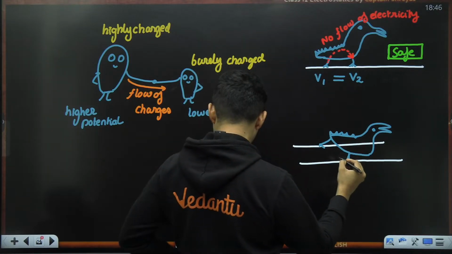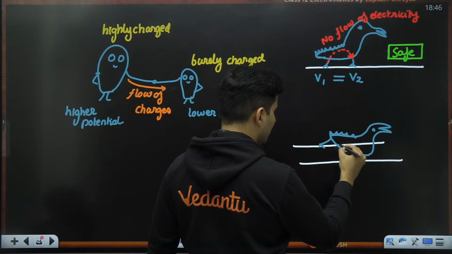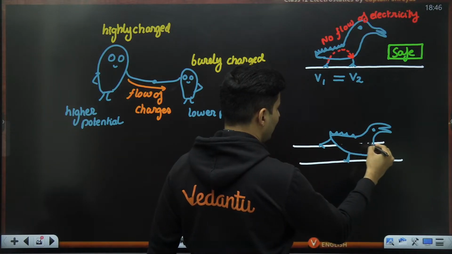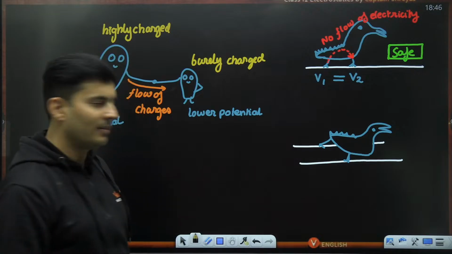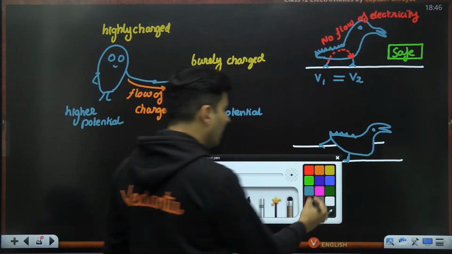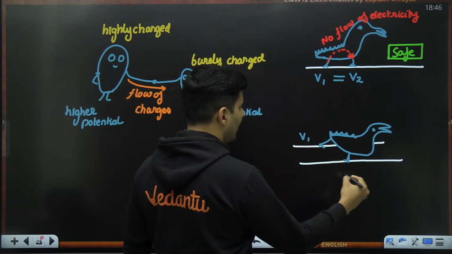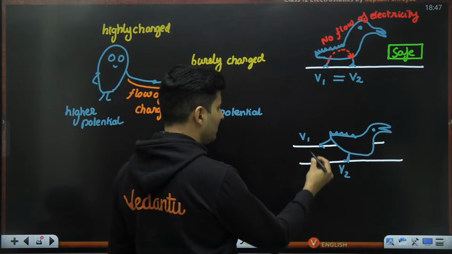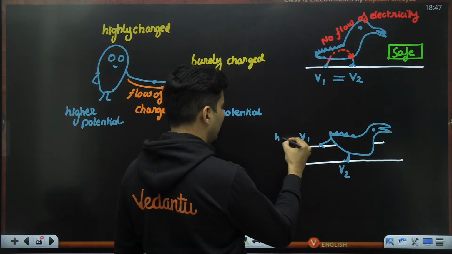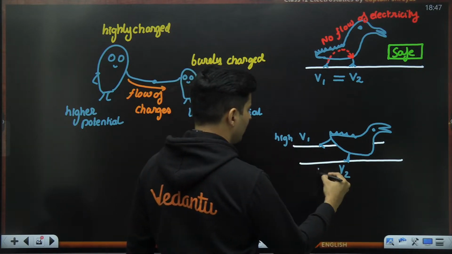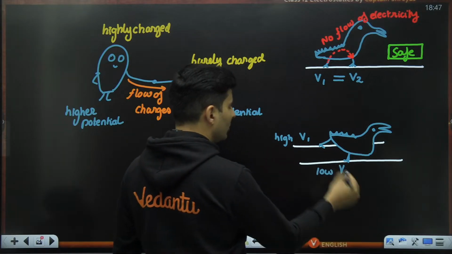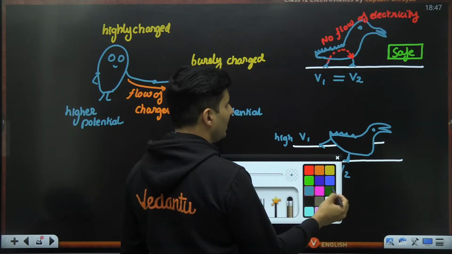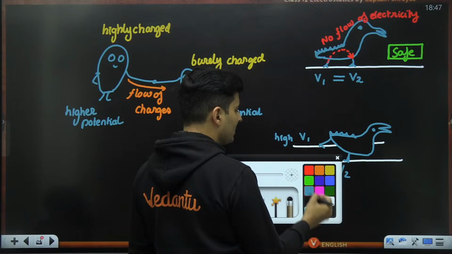Think about it. Obviously it will become tandoori fry. Why? Because one might be at a higher potential and the other at a lower potential. The moment this happens, you will immediately see charges start flowing.